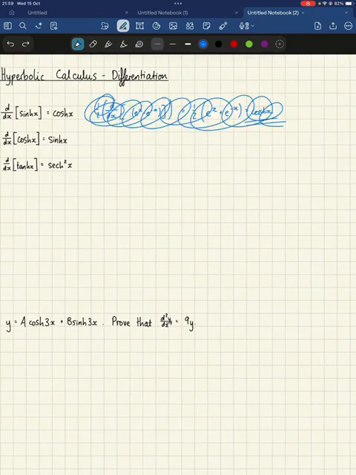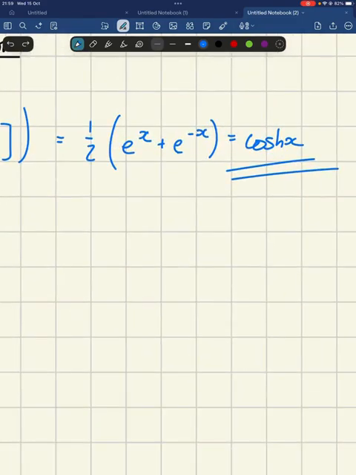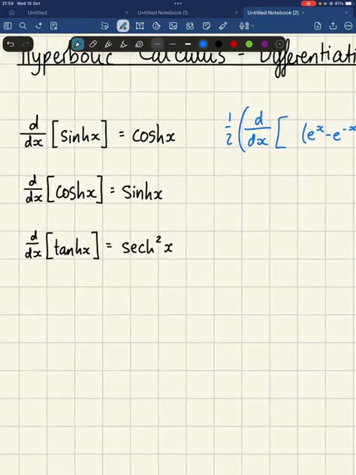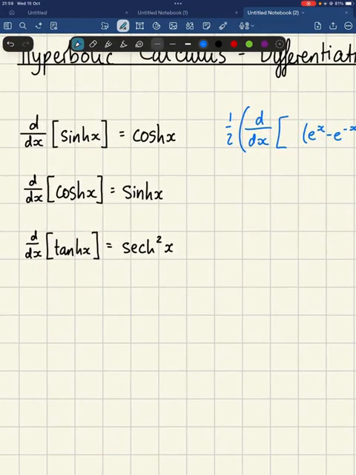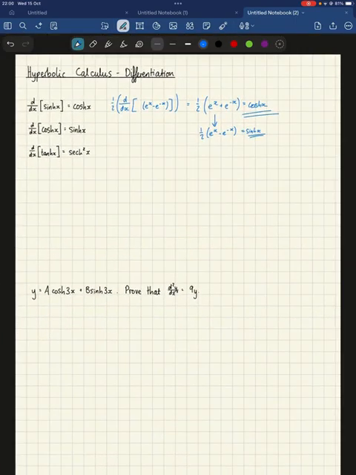So the derivative of sinh x is cosh x. If we were to differentiate cosh x, then we'd get a half e to the x minus e to the minus x, and that's sinh x. So the derivative of sinh x is cosh x, the derivative of cosh x is sinh x, so the second derivative of sinh x is just itself.